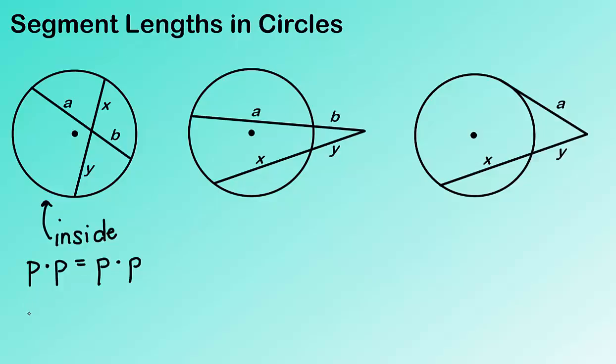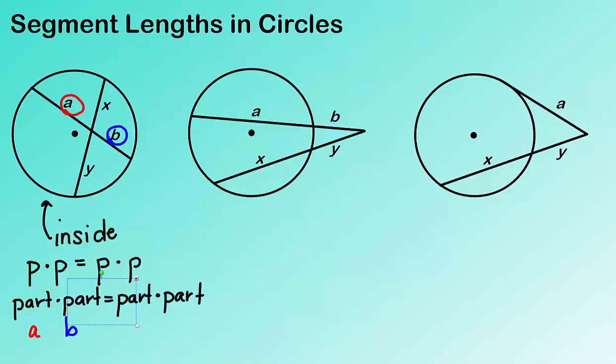So it's part times part equals part times part. So my parts are A, B, X, X, and Y.